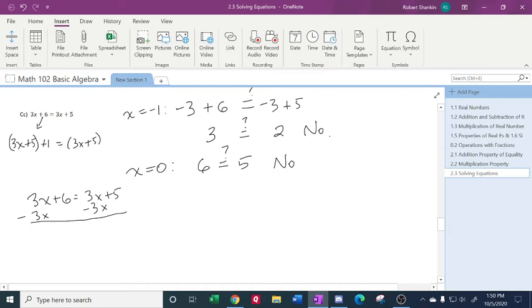But when it does, what are we left with? A statement that is either all the time true or all the time false. And does 6 equal 5? No. This is always false.